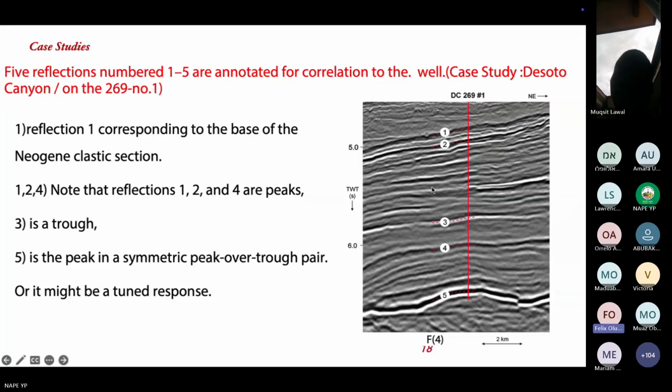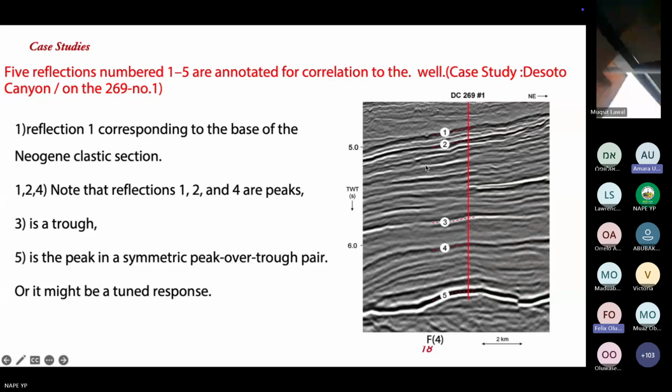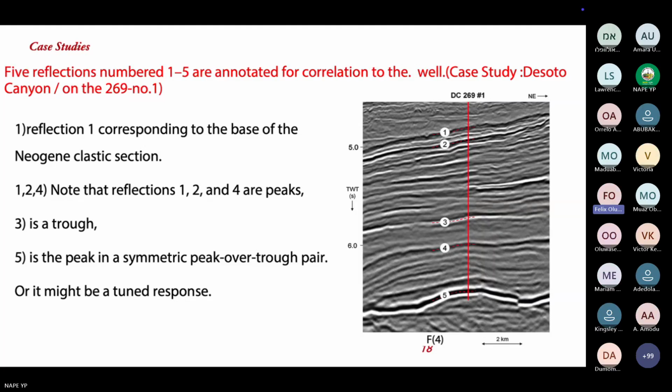Do you notice that if your well is now here, the number of events you want to tie has increased by 1? Because that event is not clear on the left, but you can see that reflection clearly on your right.